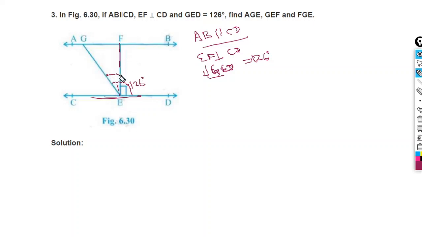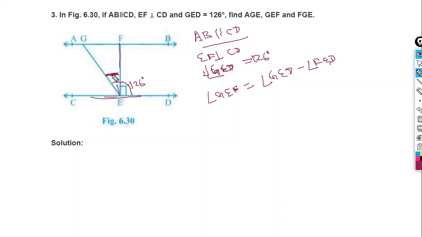We will find this angle first, angle GEF. You can write angle GEF is equal to angle GED minus angle FED. Look at the figure.